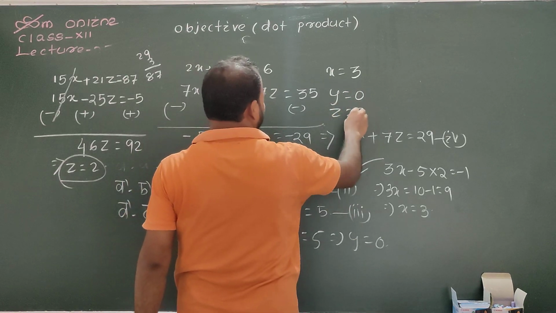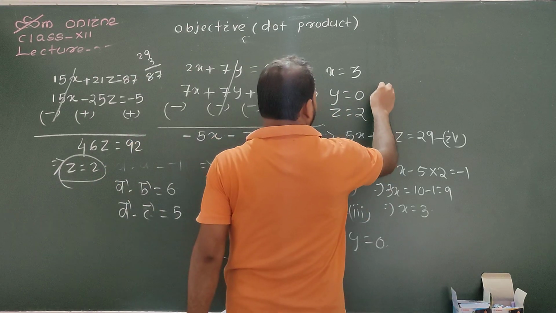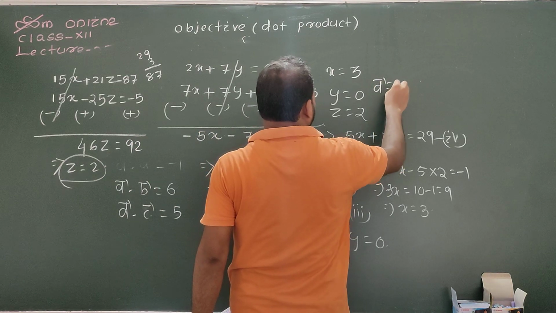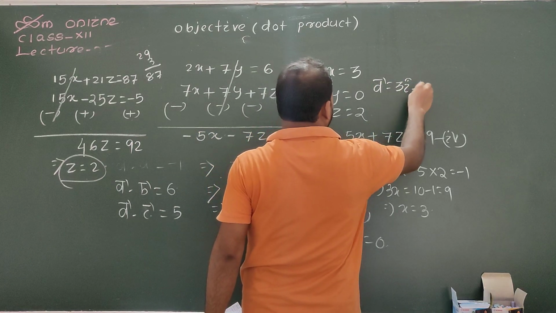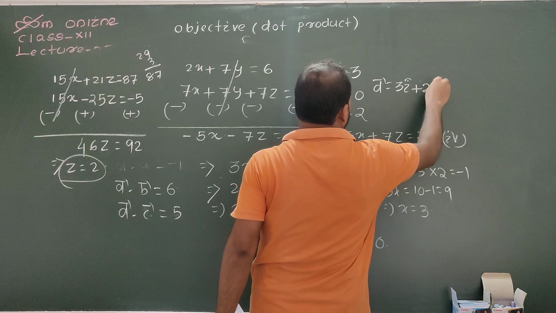So we have found the values: x equal to 3, y equal to 0 and z equal to 2. So our required vector d equal to 3i cap plus 2k cap.